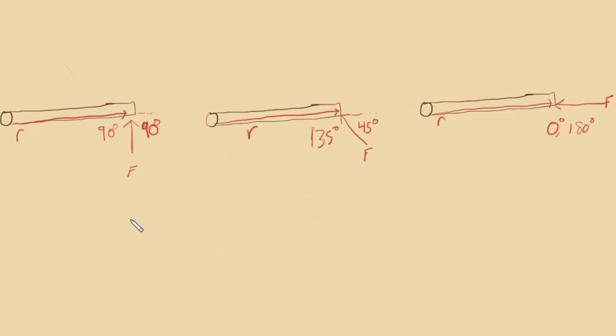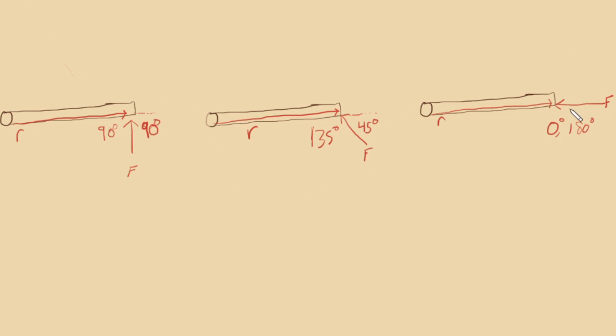Looking at these 3 scenarios, generally when you open a door, you're pushing on it at 90 degrees, and we know that the door is going to open. Then we could apply an angle here. I just chose an angle between 0 and 90, so 45, and we'll look at what the results are.